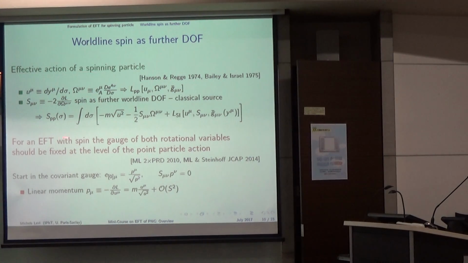These seminal works already reach the conclusion that the general form of a spinning particle action should be the following. It has this part that represents just the minimal coupling, the usual part that represents the motion of the point mass and the minimal coupling of rotation. But then we will have an addition, which I denote here by S_SI, namely the non-minimal coupling part, which is spin-induced, the higher multipoles which are induced by having spin.